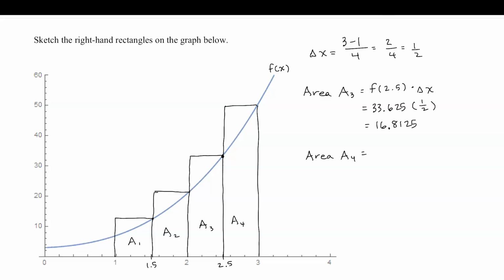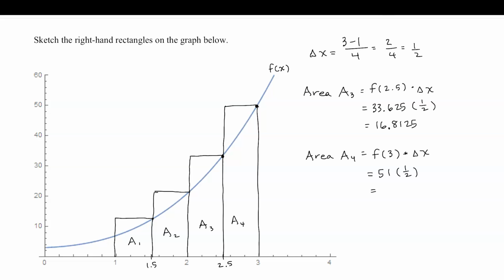And let's look at area A4. So again, I'm looking at the right endpoint of the subinterval from 2.5 to 3. And that would be at x equals 3, and I go up to the function to look at f of 3 as the height of my rectangle, and then times the width, delta x.